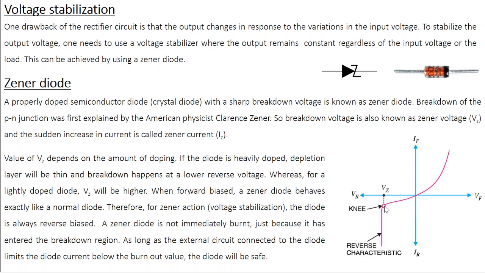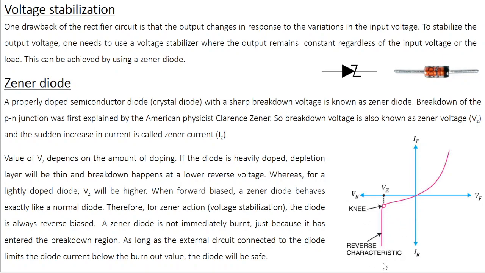But once it reaches a particular point known as the knee voltage, if you increase the bias voltage further, then you have a drastic increase in current. This is because the diode is entering the breakdown region. We have discussed this avalanche effect: you have a large increase in the number of minority carriers at the PN junction, and because of this, you have a huge increase in the current.